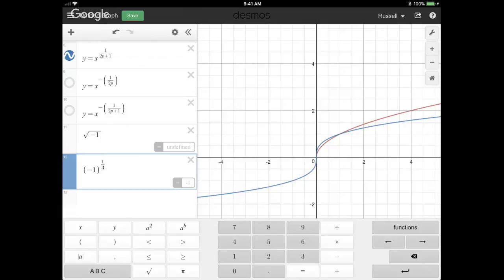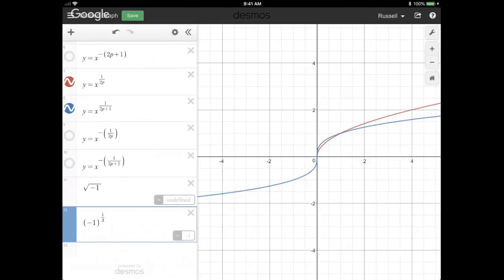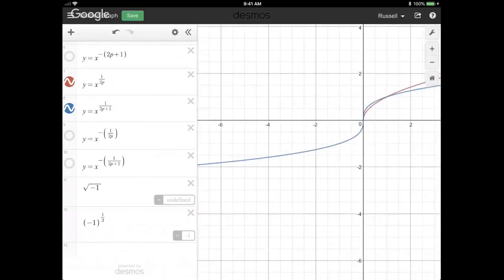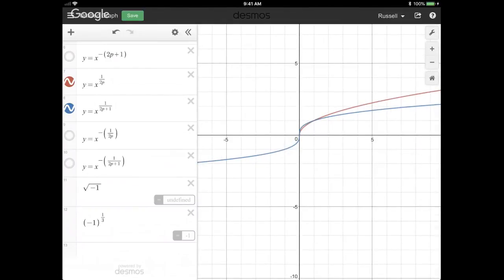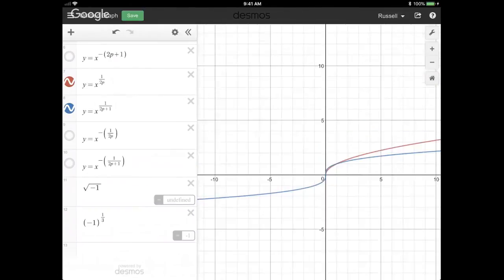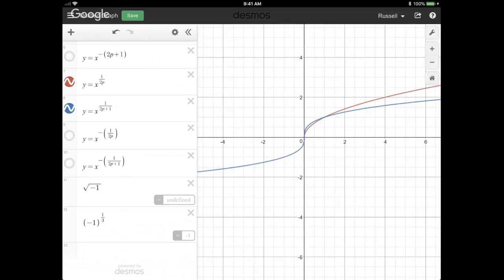And so you're seeing that in the graph here. My red line stops at 0 because I can't put negative numbers into that function. The domain is restricted by the properties of the function. But a cube root will produce negative results, right? It's okay to plug a negative number into a cube root, and what you get out is also a negative number.